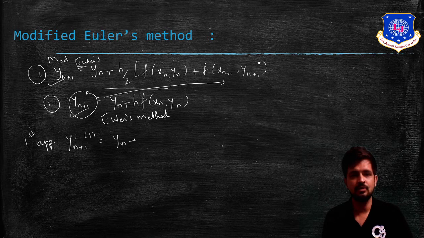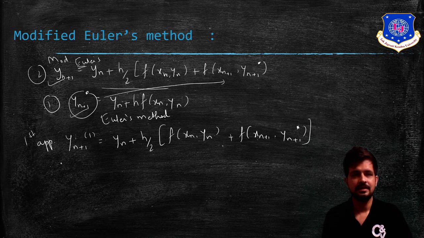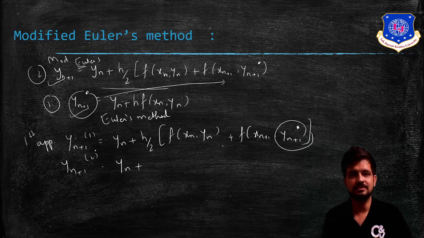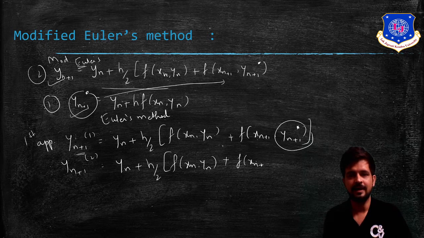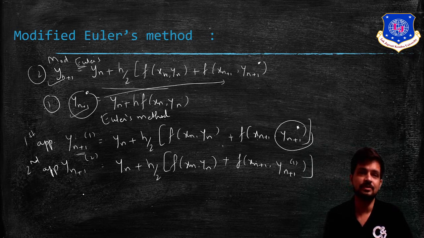To find this, we take yn plus h by 2 times f of xn, yn plus f of xn+1, yn+1 star. For the second approximation, we replace this yn+1 star with the new value: yn plus h by 2 times f of xn, yn plus f of xn+1, which stays the same, with the latest value of yn+1. Then we find the next approximation again, and continue until we get consecutive values of yn+1 the same.